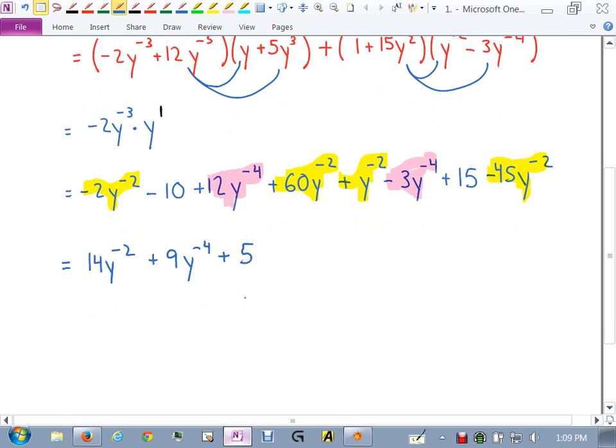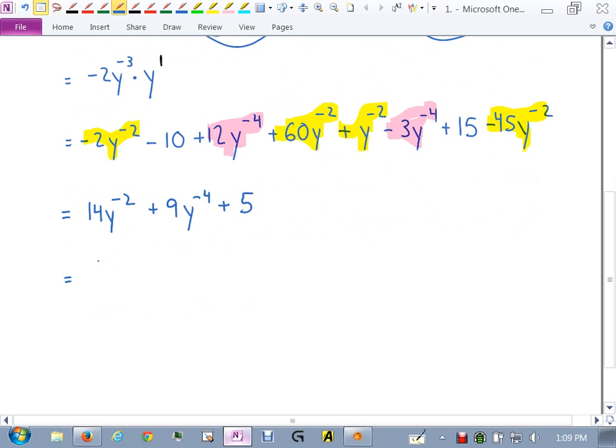They put all the y's on the bottom. So they put 14 over y squared plus 9 over y to the 4th plus 5. Is that the back of the book? They put the 5 in front. That's fine. Yeah. So that's the back of the book? Okay. See it?